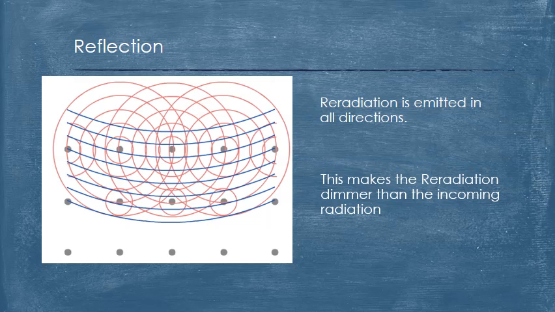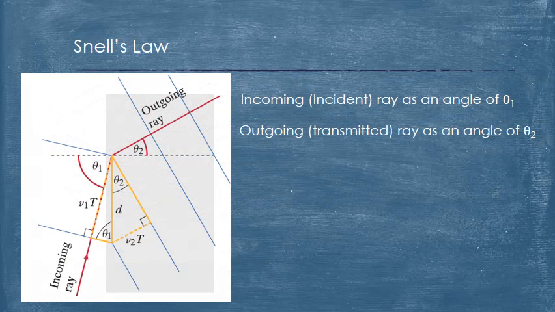So that tends to make it dimmer than the incoming radiation. Reflections are much dimmer than the rays that are causing them.